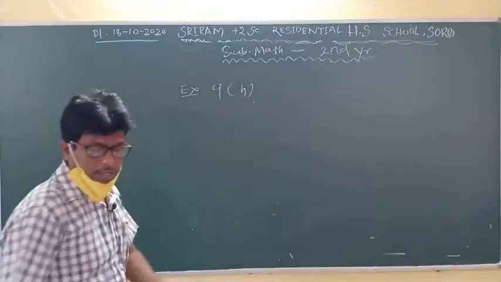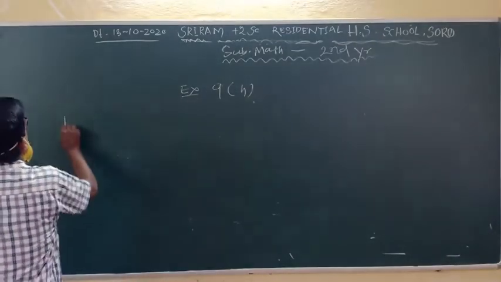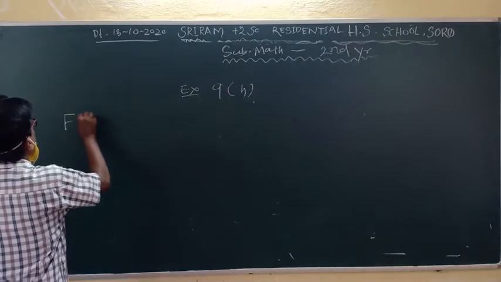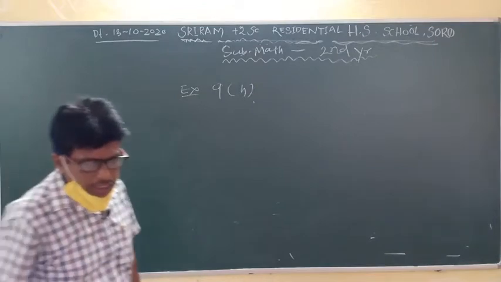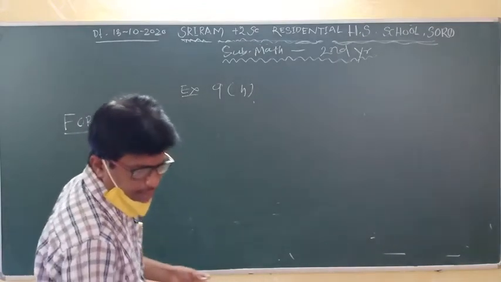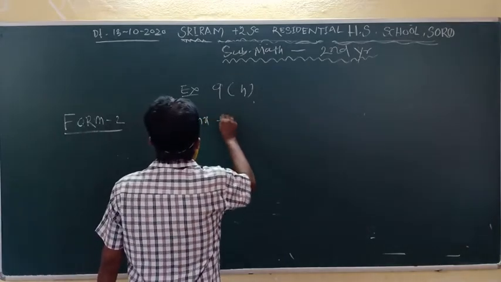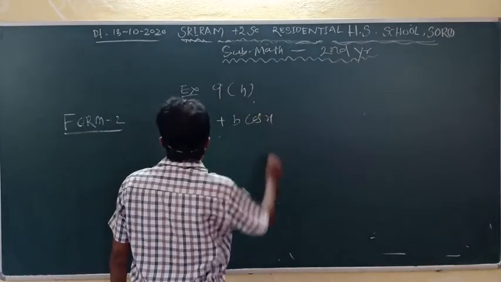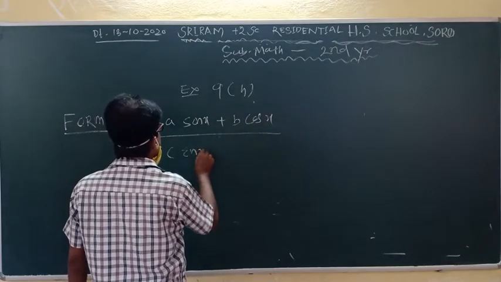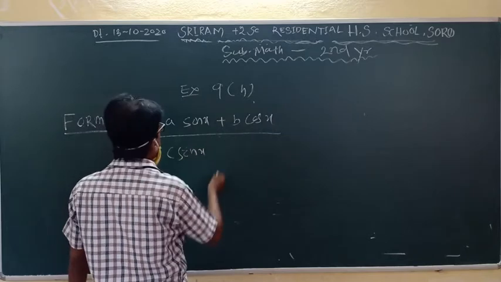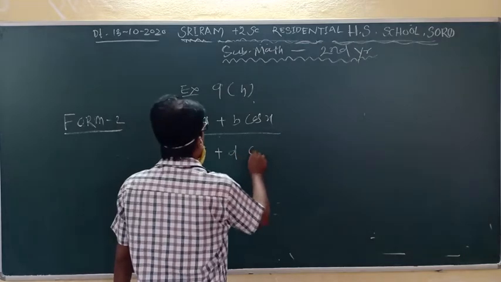Okay, now form 2. Form 2 is a sin x plus b cos x divided by c sin x plus or minus whatever it may be, plus or minus d cos x.